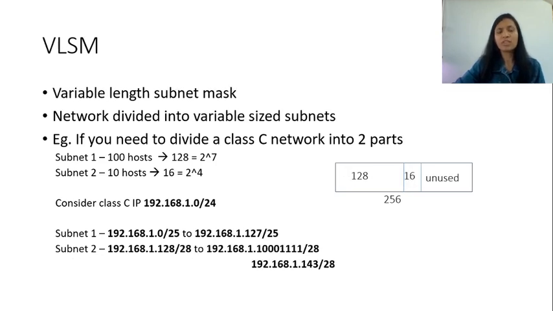So in such cases you would be using VLSM, which is variable length subnet mask. Variable length subnet mask lets you divide your network into variable sized subnets.